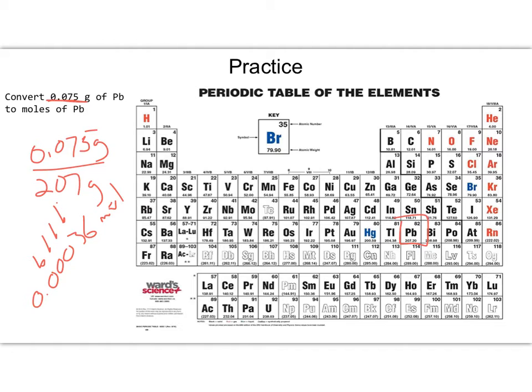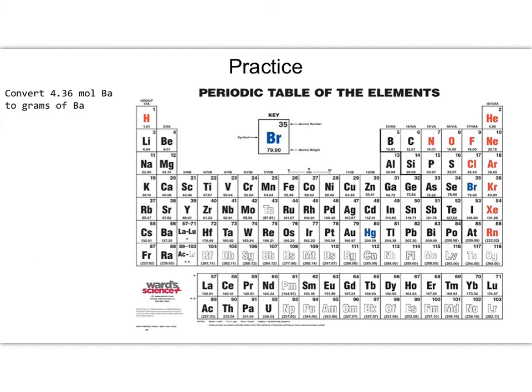Think about lead, it's dense, it's heavy. So if you only have less than 1/10 of a gram, you're going to have way less than a mole of lead, because a mole of lead is over 200 grams. So again, these numbers can be anything that they want to be, right? There's no set rule that says you have to have a certain amount.